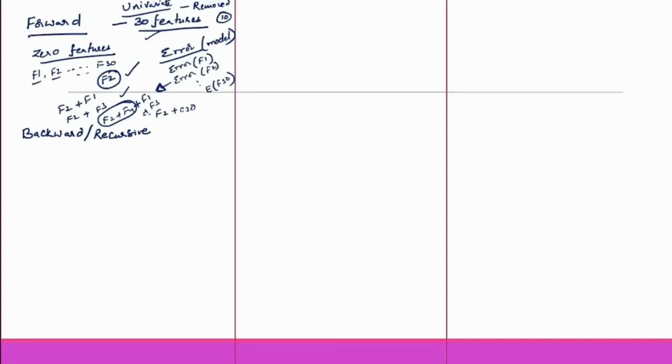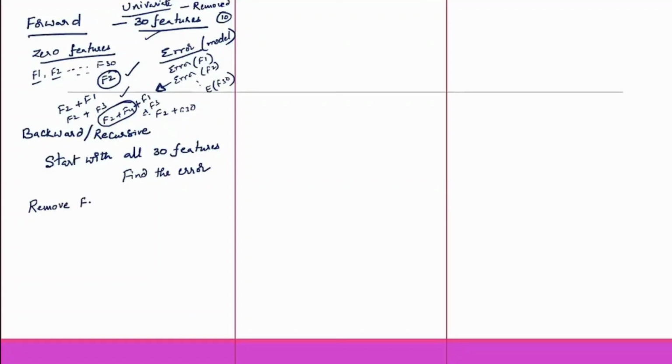Then we are talking about the backward or recursive selection mechanism, where you start with all 30 features and find the error. Then start removing one feature at a time. Remove F1.